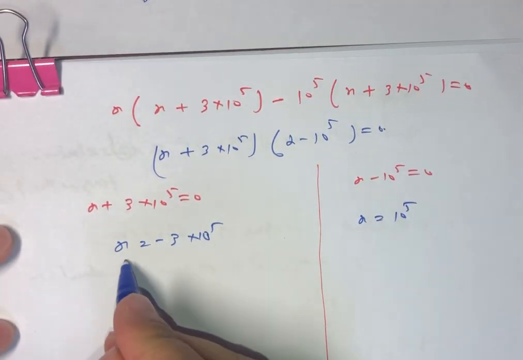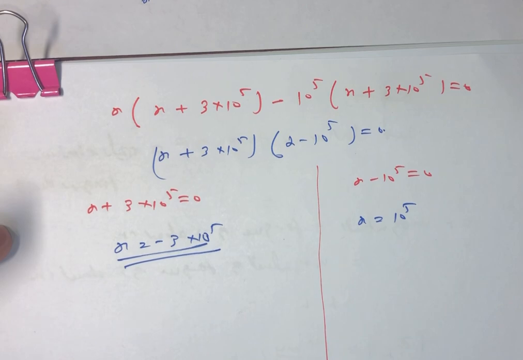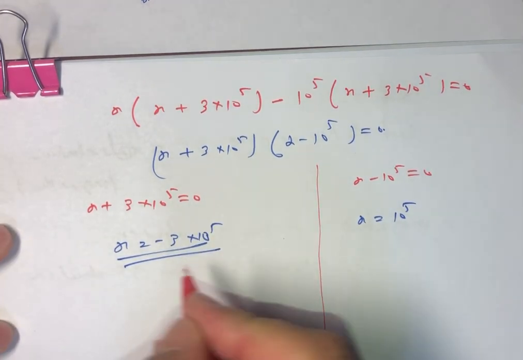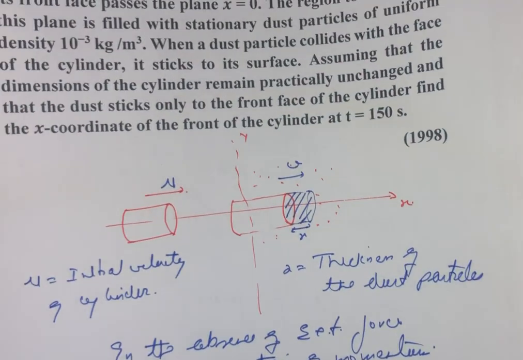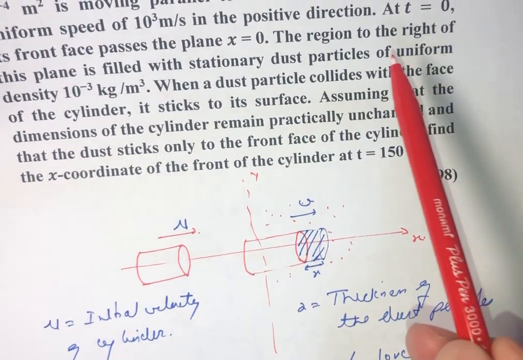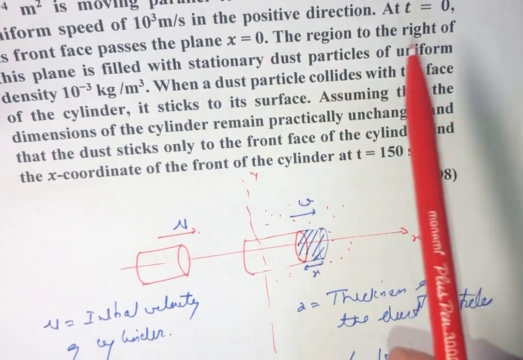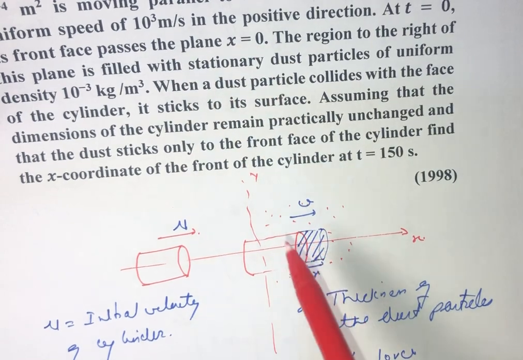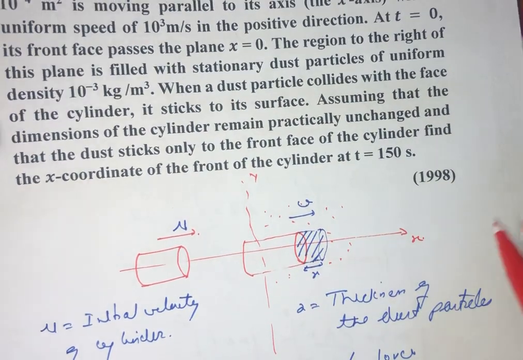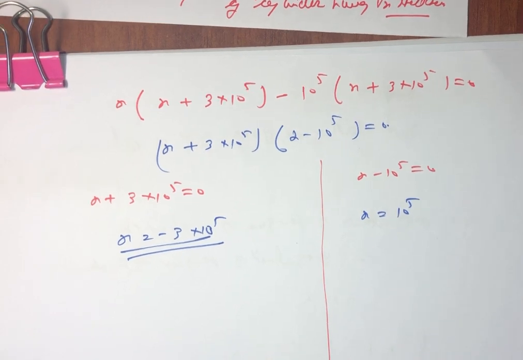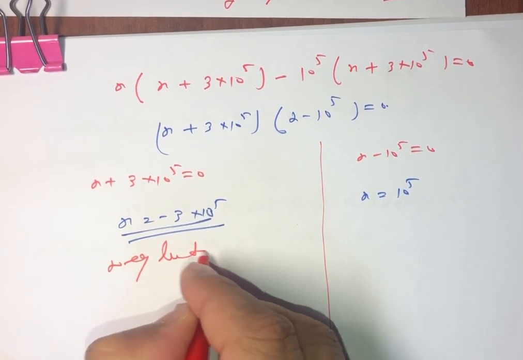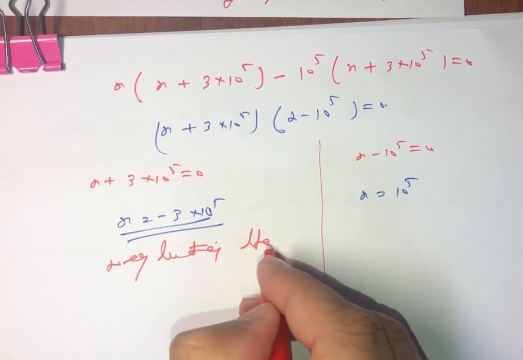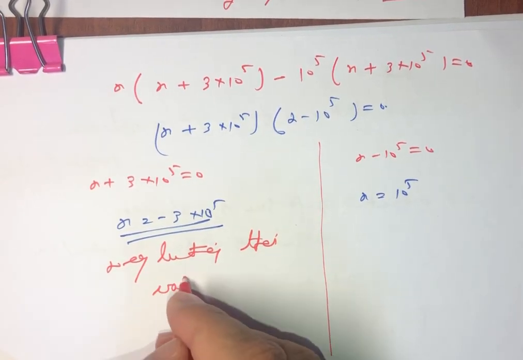And obviously we are going to neglect the first one, because it is given that the dust particles are moving in the positive x direction and passing the plane x equal to 0. So all the dust particles are in the positive x part. So we are neglecting this value.